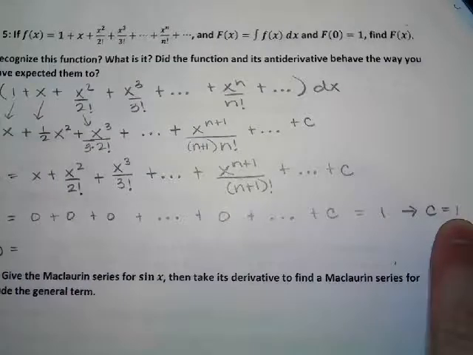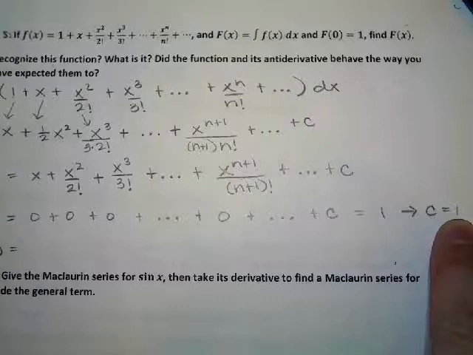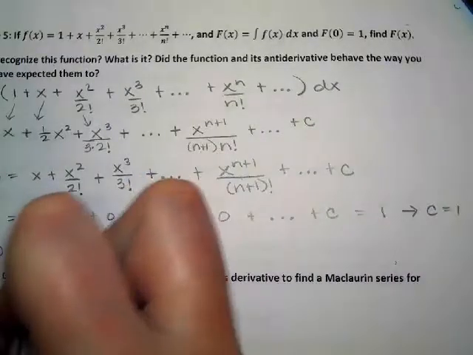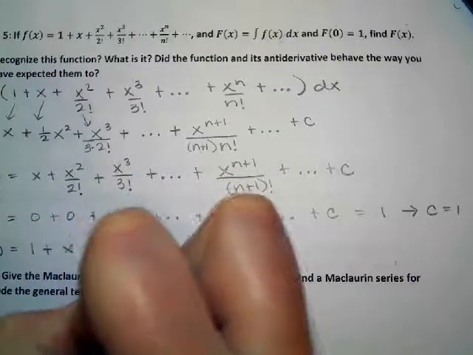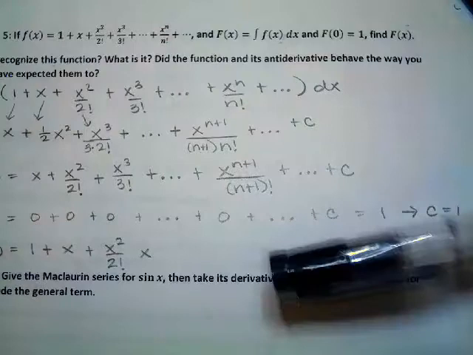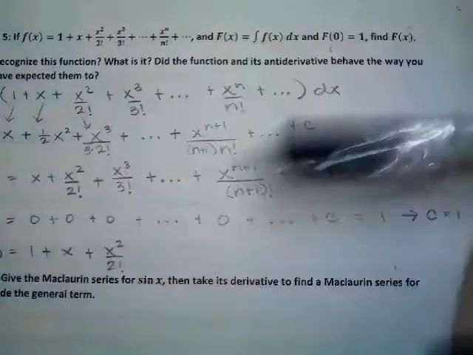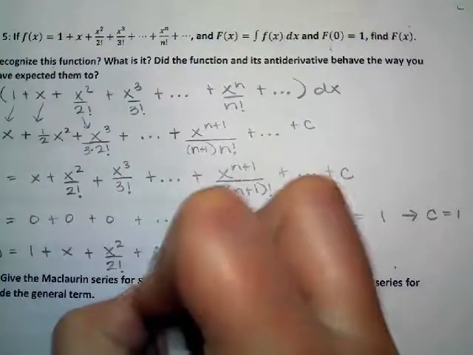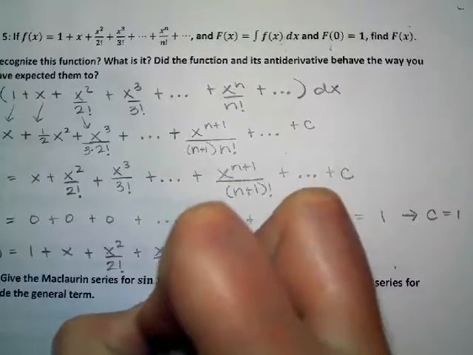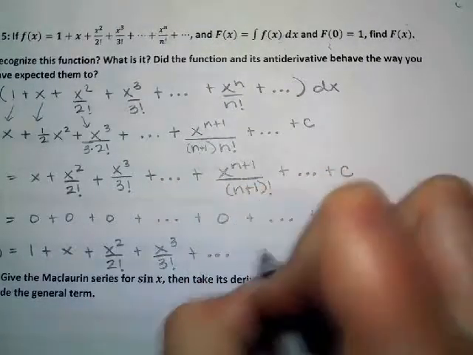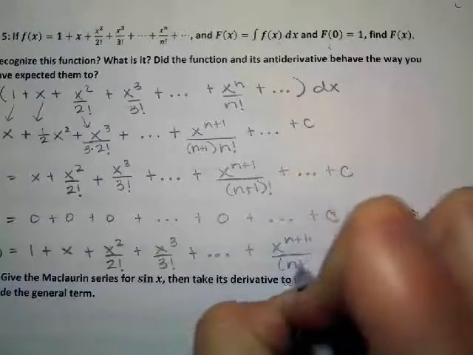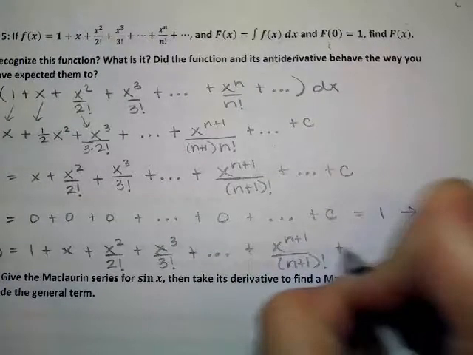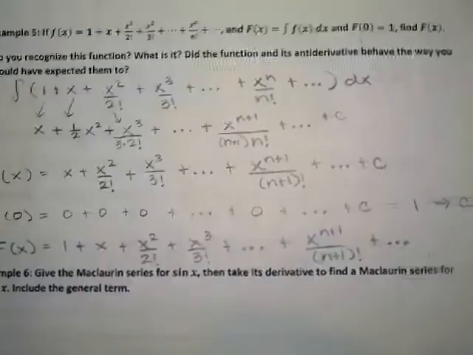So I'm going to say 1 plus x squared over 2 factorial plus x to the third over 3 factorial plus x to the n plus 1 over n plus 1 factorial plus dot dot dot. So what do you notice? It is e to the x.